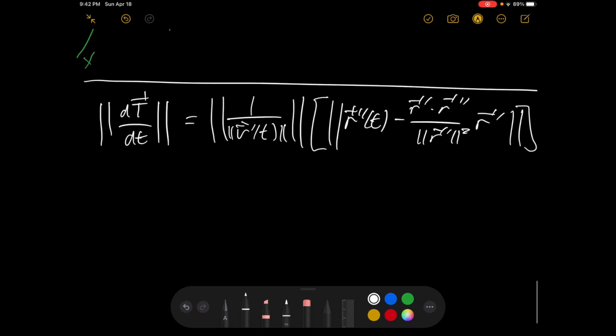Now, one thing I want you to notice is that this thing, the magnitude of 1 over the magnitude of velocity, is already itself a magnitude, so this thing can actually go away. And that will be valid mathematically.